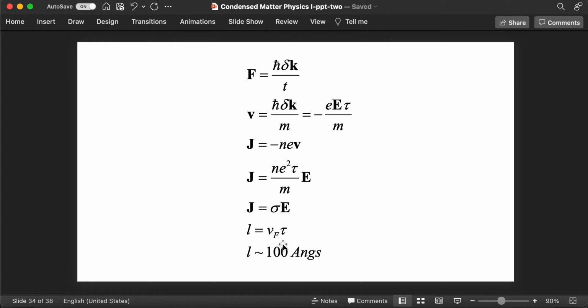This is more in agreement with the experiment than the classical model. And if you consider a temperature dependent model of electrical resistance, you can see that the mean free path becomes longer at lower temperatures.